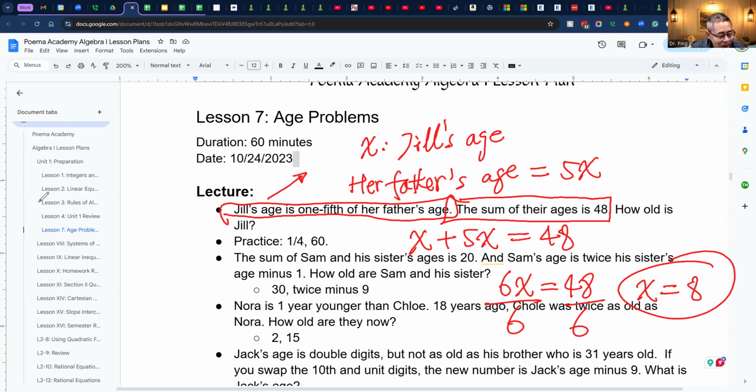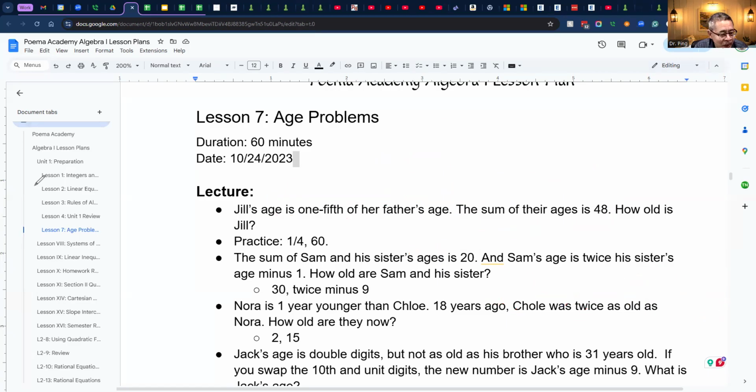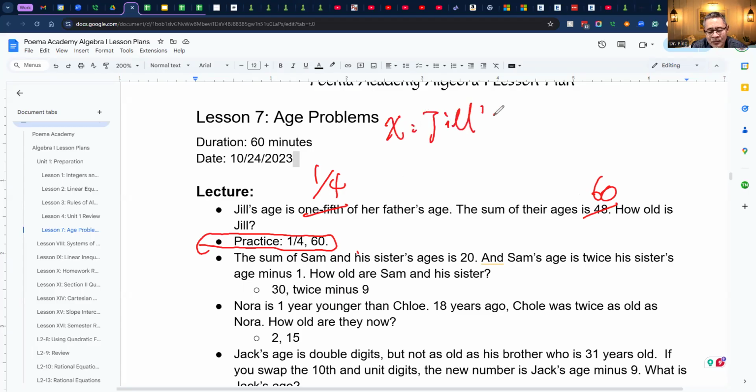Okay, and here's a problem you can practice on. Since we are not in class, we'll just work it out here. In this case, it's going to be different. Jill's age is 1/4 her father's age, and the sum of their ages is 60. So we change that to 1/4, change that to 60. Now the setting up is still the same. x is Jill's age, and her father's age then will be 4x.